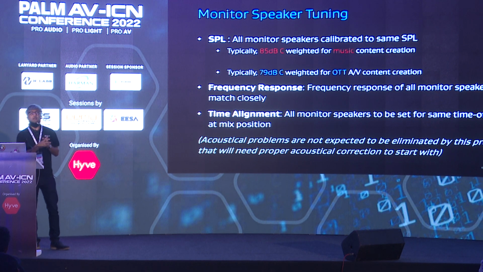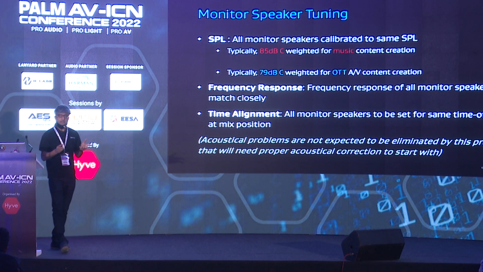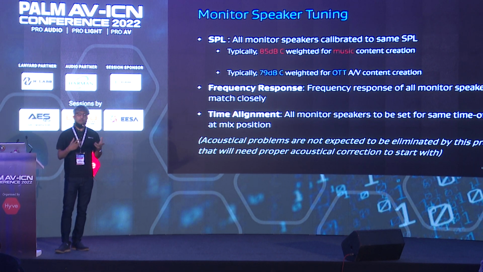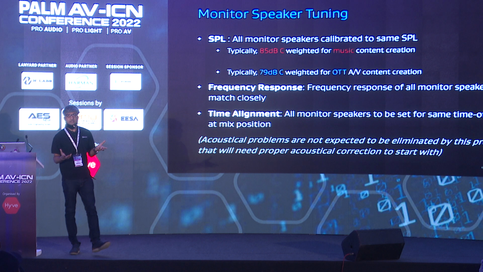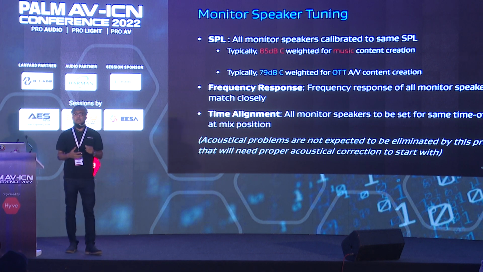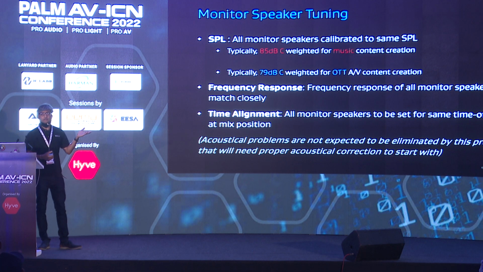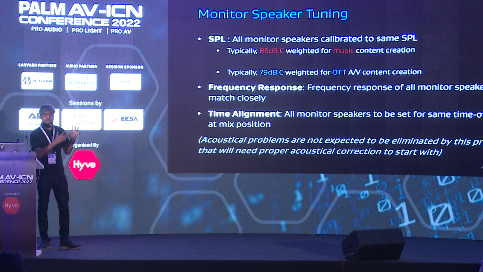And typically, for music applications, that is, if you're doing music mixing, what we recommend, or more than what we recommend, it's more what is the accepted norm, is to have the monitor calibration done at a reference level of 85 dB C-weighted. What does the reference level mean?